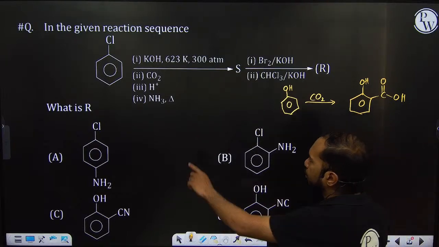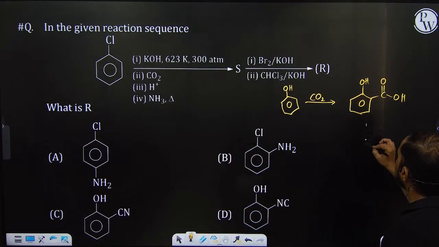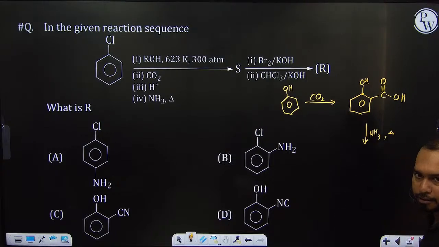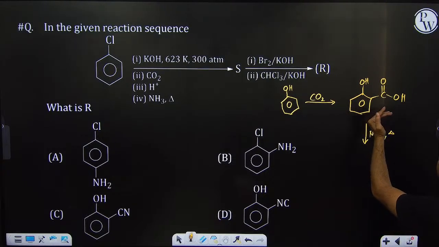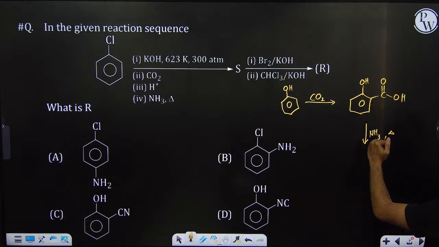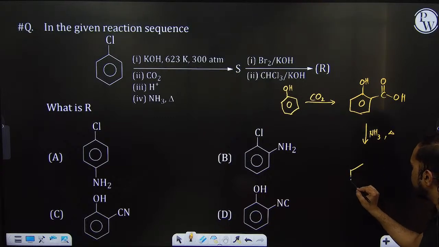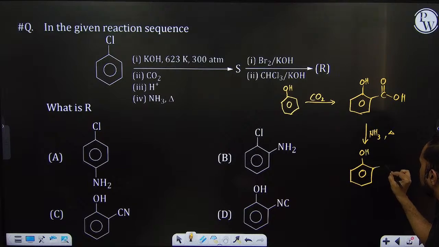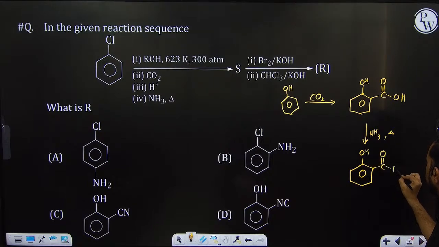Now fourth, it is reacted with ammonia. Carboxylic acid with ammonia, when it is heated, will form amide. Over here, the next product will be benzene with C=O NH2.